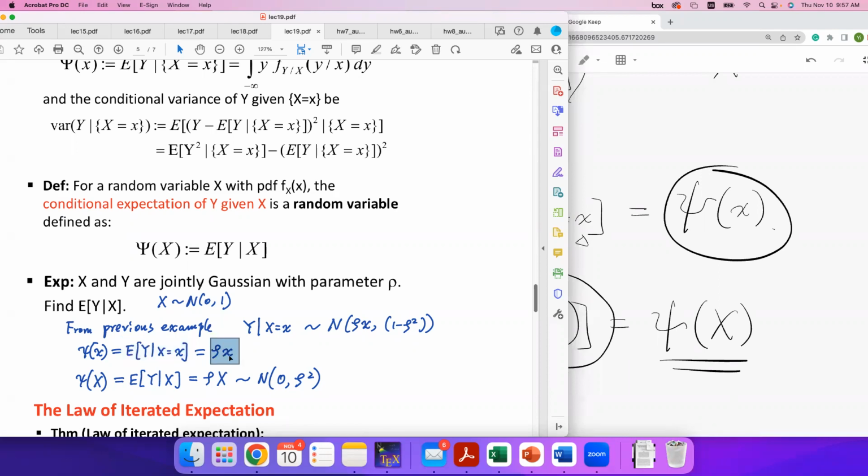But if you write it in this way, you ignore this realization. This means that you are conditioning on something random. Because you are conditioning on something random, this entire notation corresponds to a function of the random variable x. So this is a random variable, and this is a realization of this random variable.